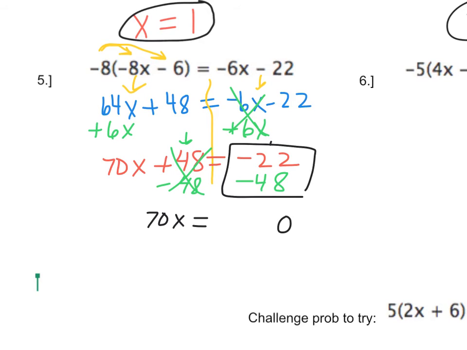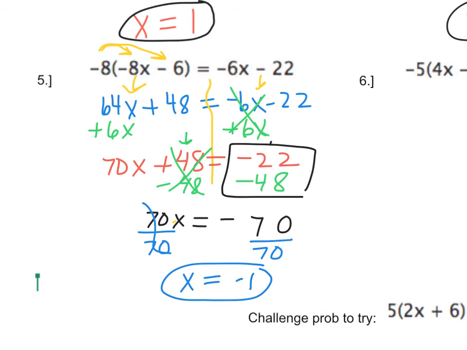That's going to be negative 70. In the final step, remember when a coefficient is next to a variable, that means multiplication. Our final step is to divide. A negative 70 divided by a positive 70, a negative divided by a positive is a negative. So all those integer rules are kind of coming back at us. We have to keep them all straight.